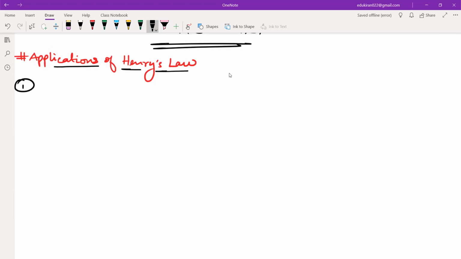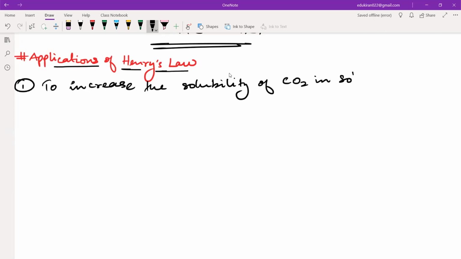Because if I increase the pressure, the solubility of CO2 will increase. Then I can add more CO2 inside the bottle. Solubility means amount of carbon dioxide in the soft drink. Solubility of CO2 in soft drinks and soda water.